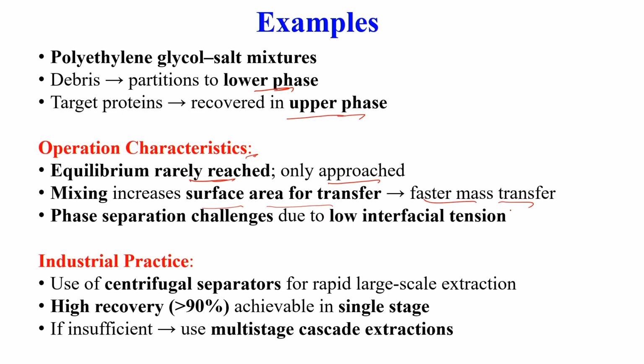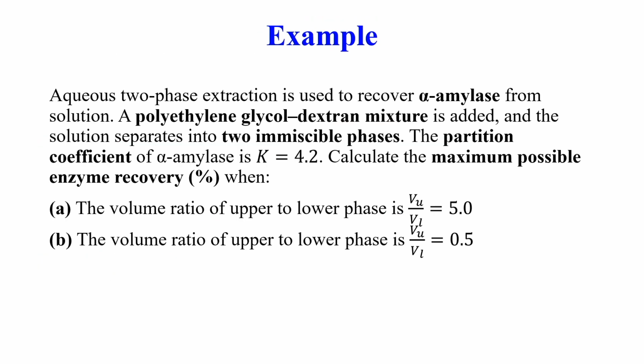So, it results in faster mass transfer, but there is still the challenge of phase separation due to low interfacial tension between the two phases. To achieve that, one option is to apply a centrifugal separator for rapid large scale extraction. In that case, recovery up to 90% is achievable in a single stage, and if this recovery is insufficient, then one can use multi-stage extractions.